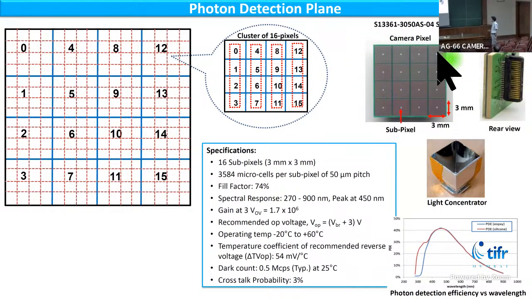We can see the 4 by 4 array, and in each subpixel there are 3584 microcells of 50 micrometer pitch, which we call micropixels. And this is the light concentrator which will be mounted at the front of each camera pixel. These are a few of the specifications of this sensor.